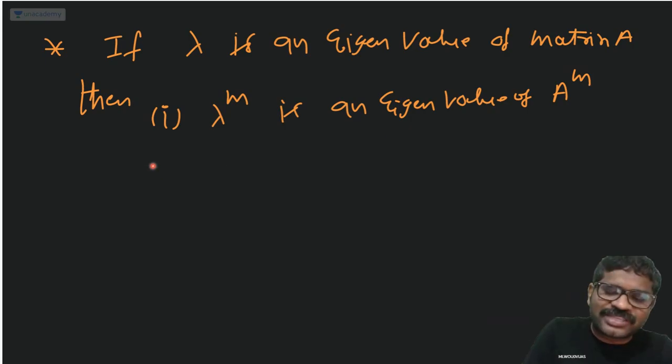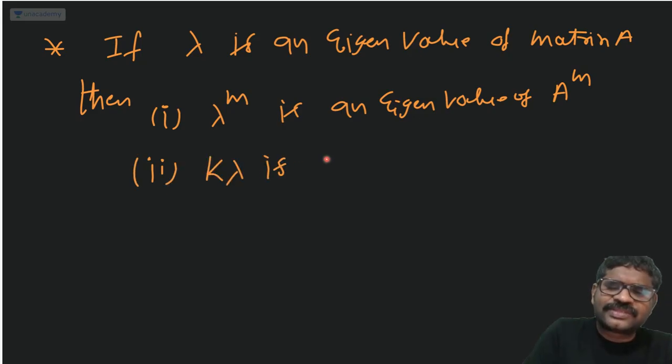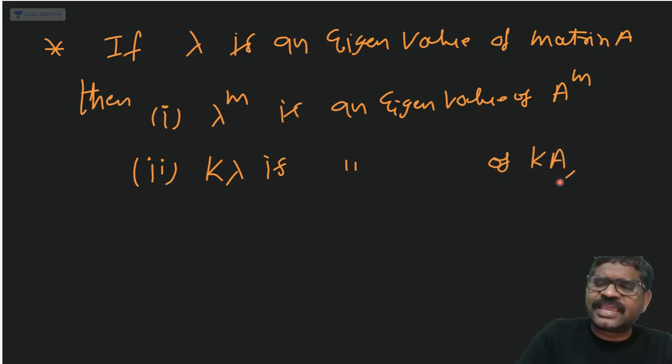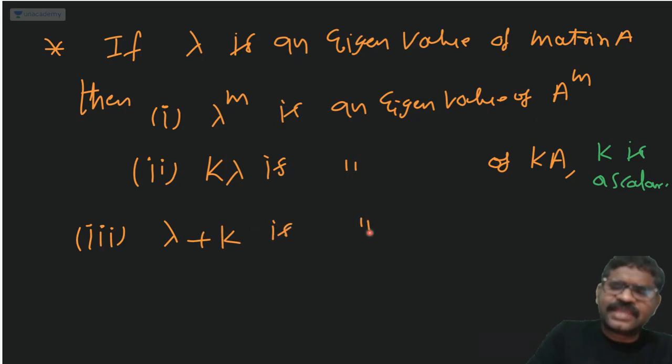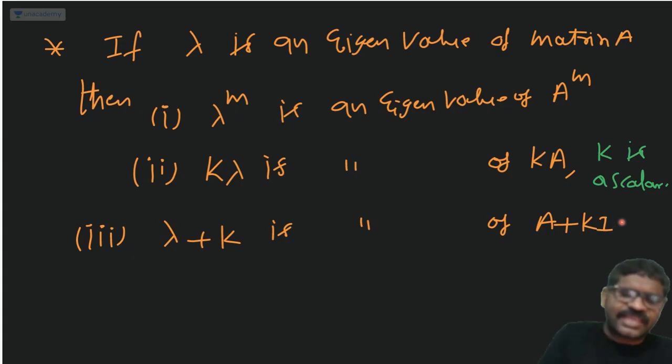You have 8 or 9 properties. Observe. K lambda is an eigenvalue of matrix kA, where K is a scalar. Okay, next, third property. Lambda plus K is an eigenvalue of A plus KI. Fourth property.